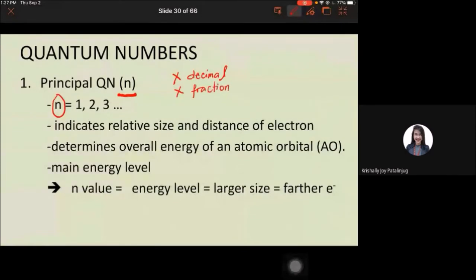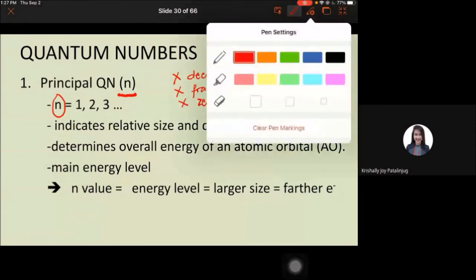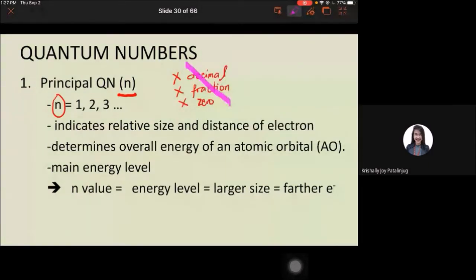Hindi rin po zero. These are not part of positive integer values. So starting with 1, dapat whole number. Yan yung positive integer value. Whole number starting with 1, 2, 3, and so forth. Yan yung posibleng value natin for principal quantum number.